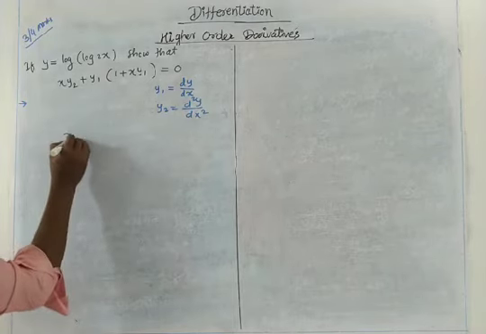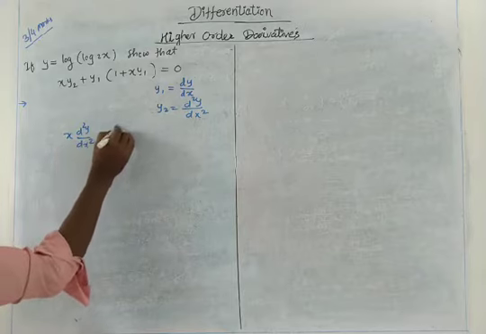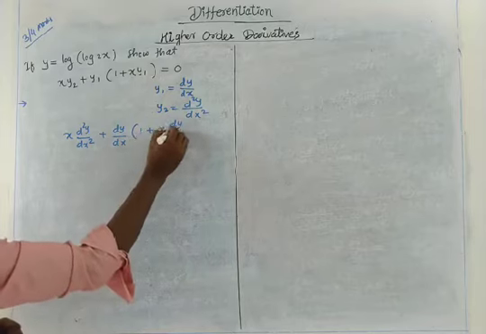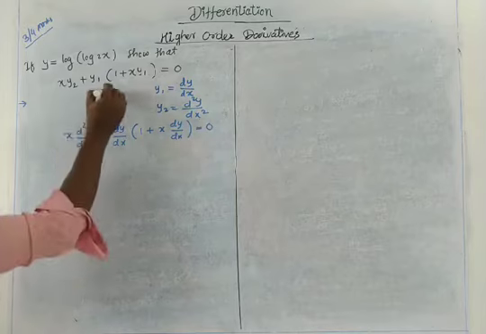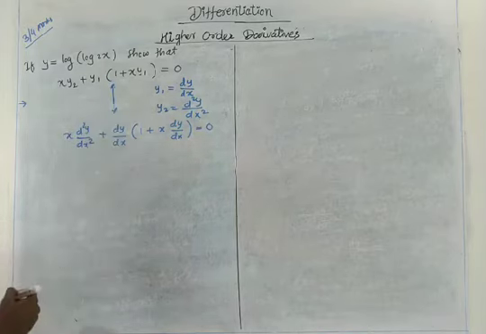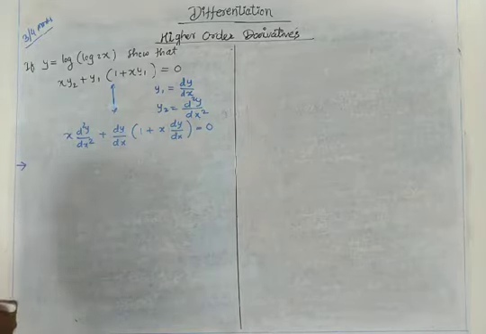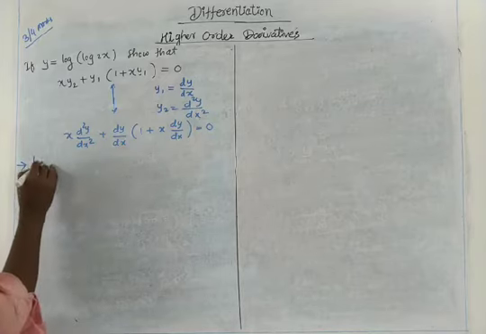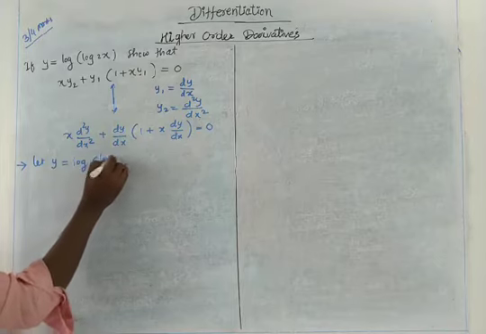Prove that x d²y/dx² + dy/dx(1 + x dy/dx) is equal to 0. So both are the same. Okay, now let's begin with the solution. Get that? So let's start with y. y is equal to log(log 2x).